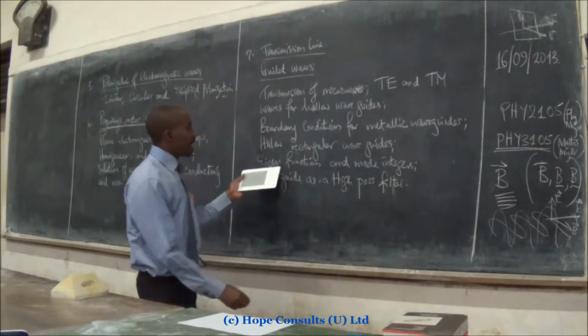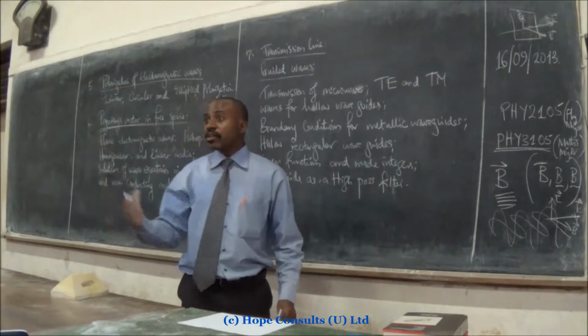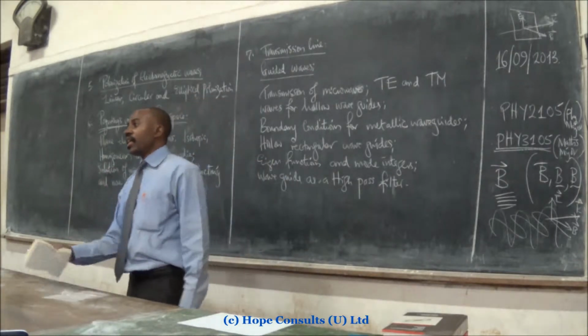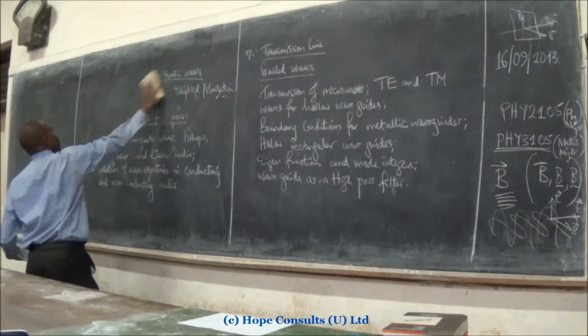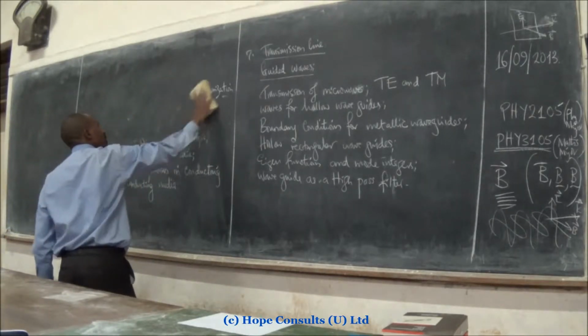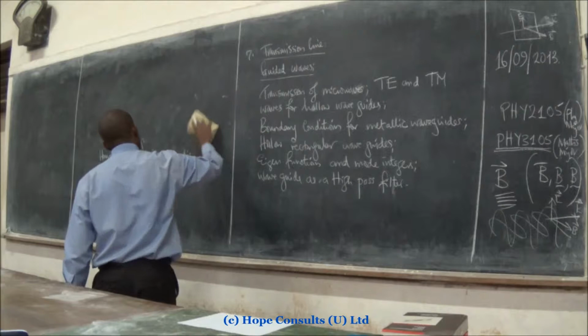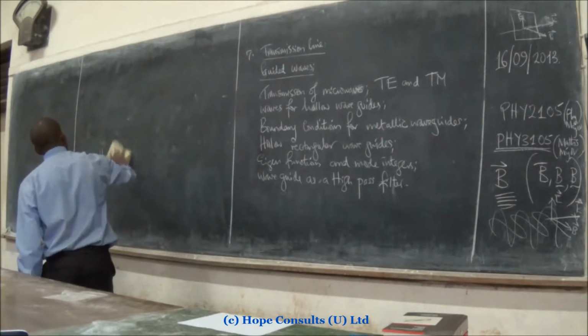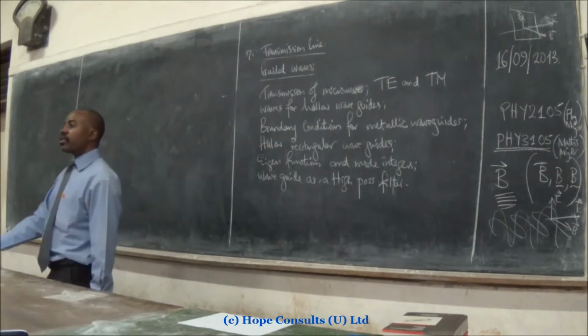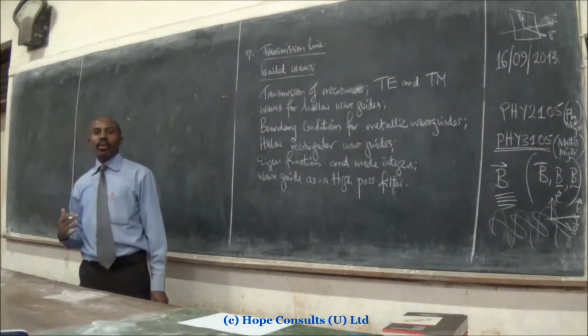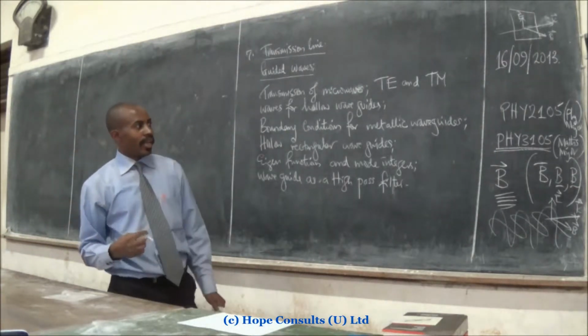Now when I talk of eigenfunctions, it's like if I talked of bases in senior 1, in senior 2. Of course, there are bases in senior 1, bases in senior 2; almost each of the classes has bases. But when you are being taught base 2, nobody talks about a computer.